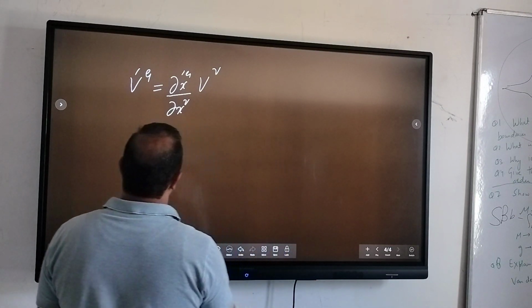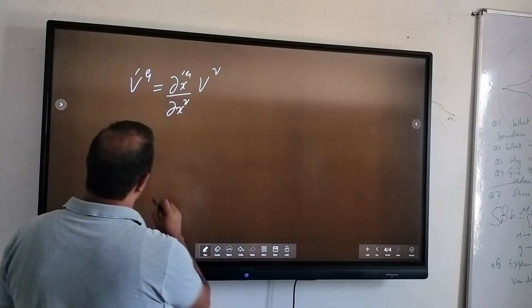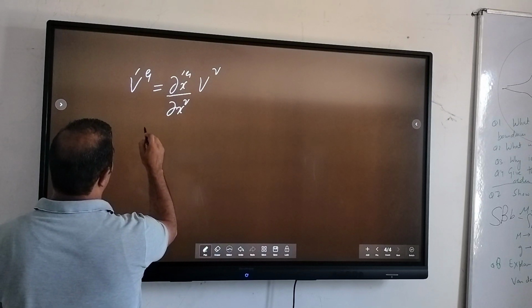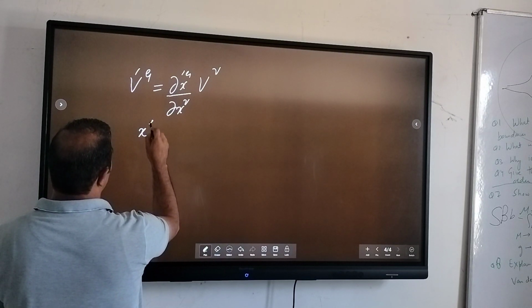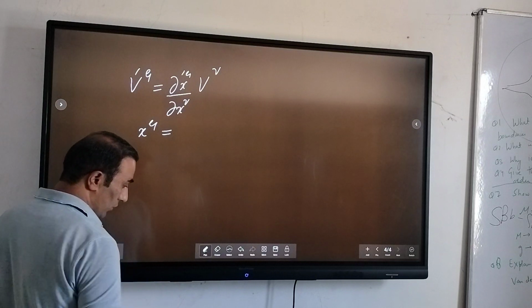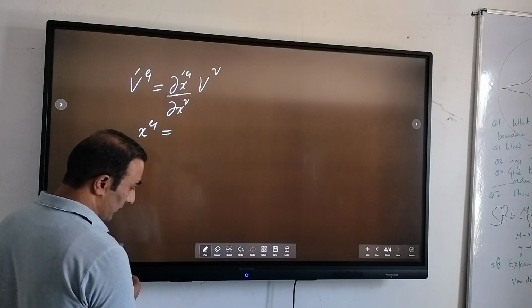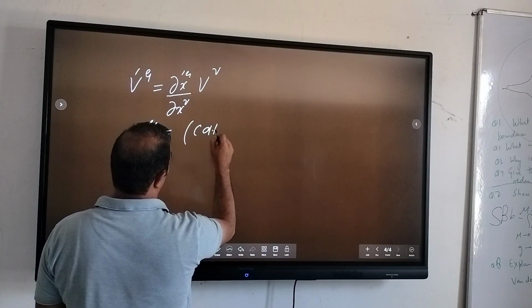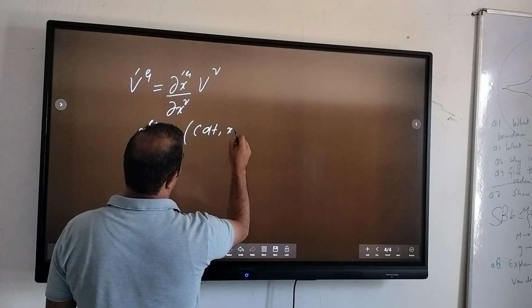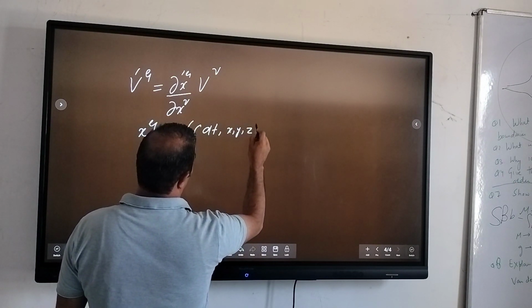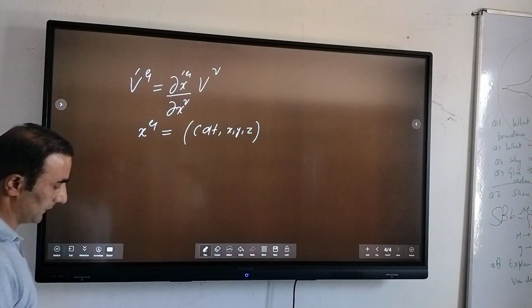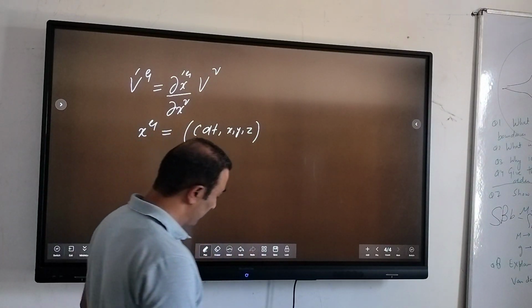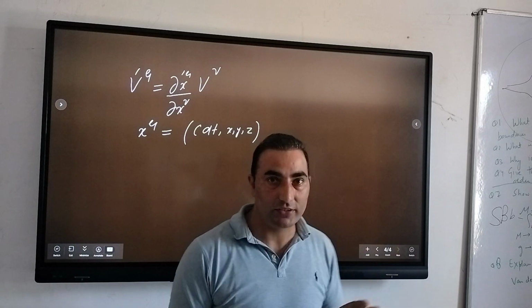Now you can write what is our x mu here. So x mu is equal to these four components of the displacement.